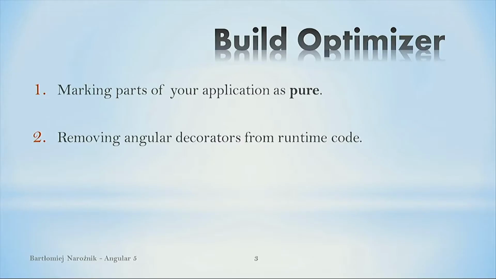So this build optimizer is pretty useful, but it's not completed for all cases. There are some known issues for large applications consisting of more than 1,000 components. The Angular team is working hard on it, and they will soon release it as a default option.